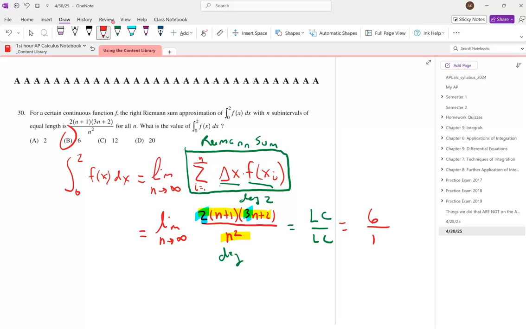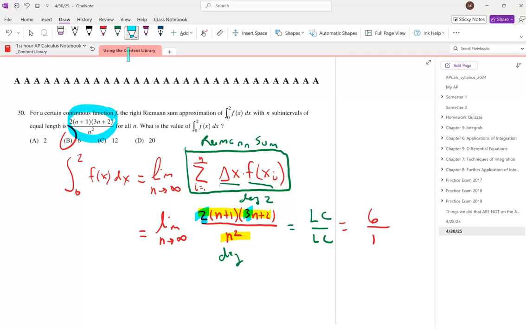So the key here was remembering that limit definition of an integral. Even if I just remembered it as the limit as the Riemann sums get infinitely thin, that's going to be good enough, because it would tell you that I'm just doing the limit as n goes to infinity of this thing.